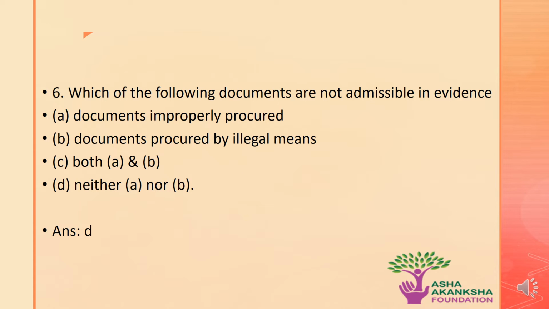The next question is, which of the following documents are not admissible in evidence? The options are A. Documents improperly procured, B. Documents procured by illegal means, C. Both A and B, or D. Neither A nor B. The correct answer to this question is option D, that is, neither documents improperly procured nor documents procured by illegal means are inadmissible in evidence.